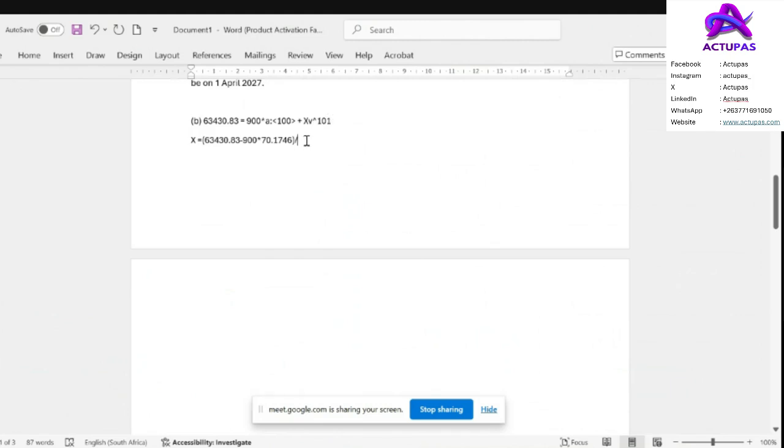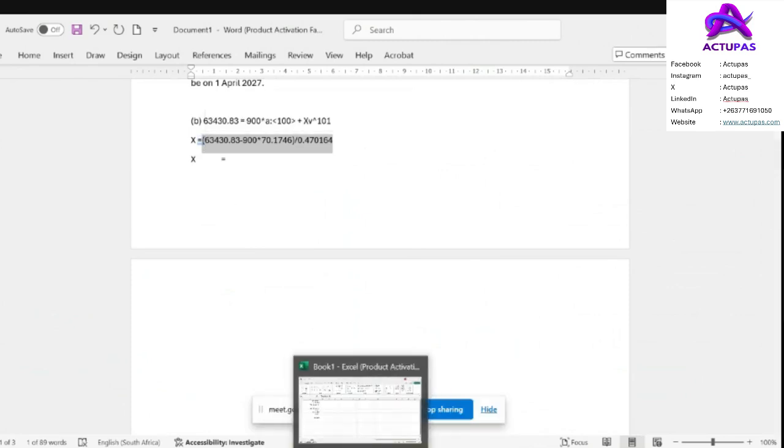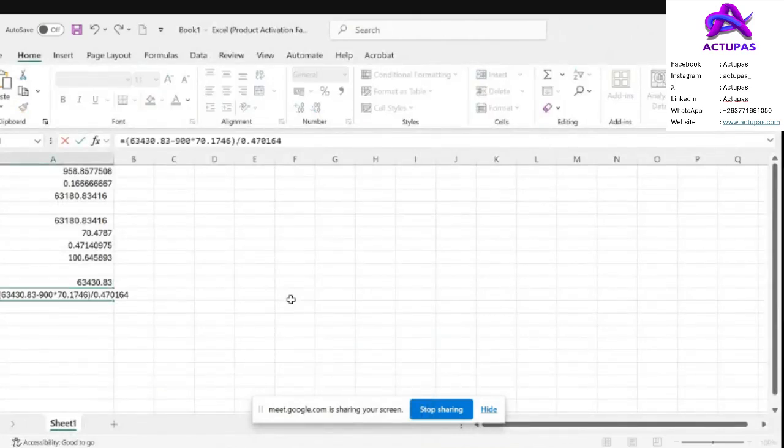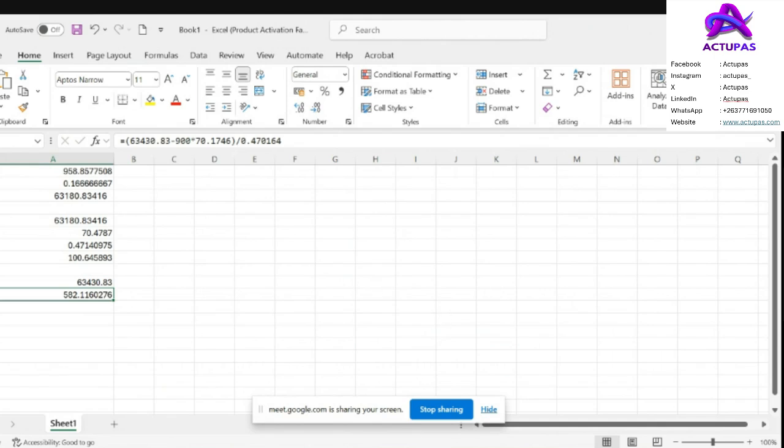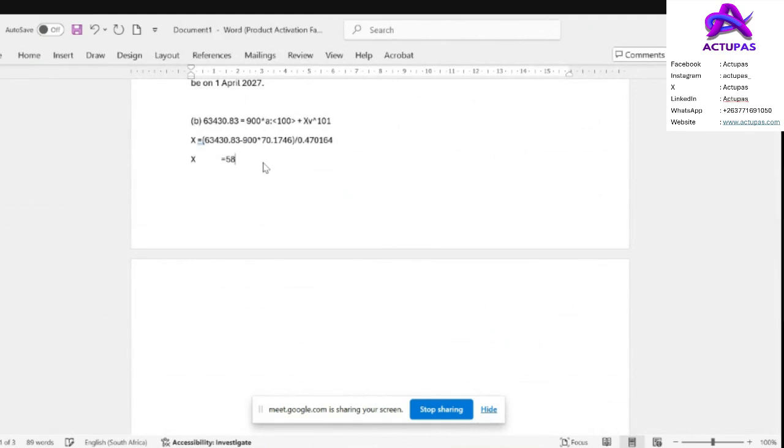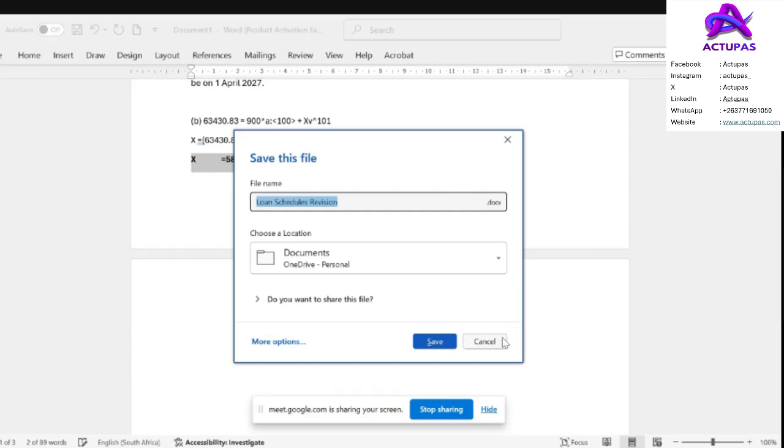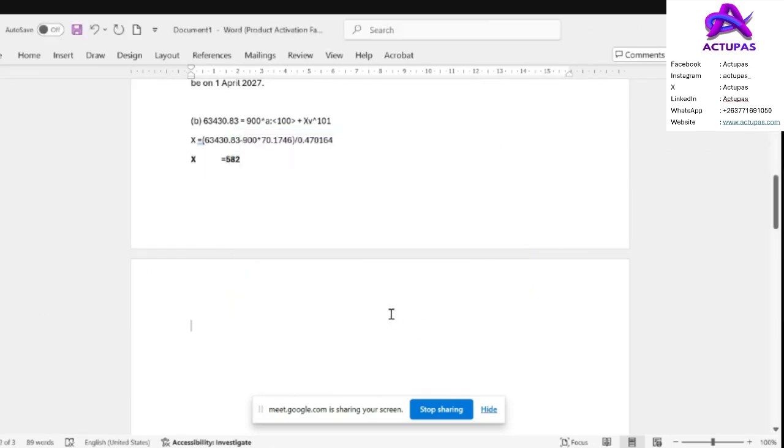Our v to the power 101 is 0.470164. This would be your X. So X is equal to, copy this, put it here, paste. This is 582 pounds. So that's your final installment. 582, this is your X. So we are done with the first question.